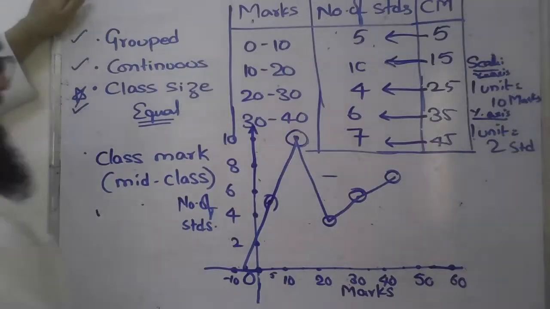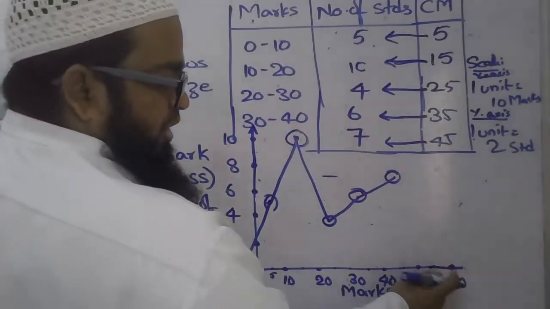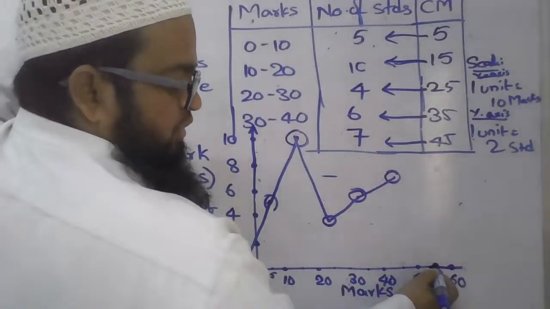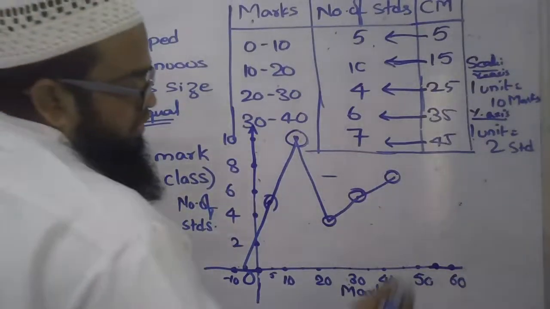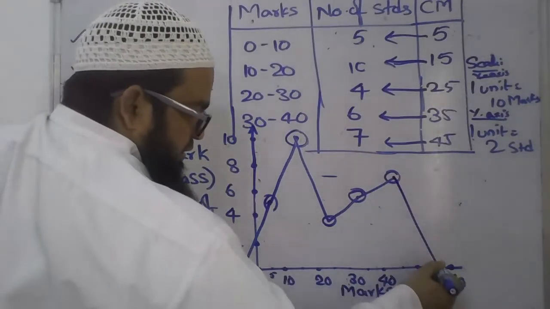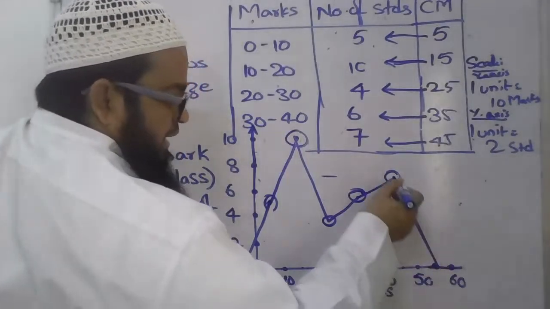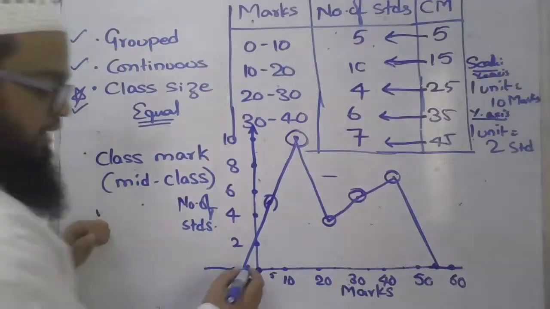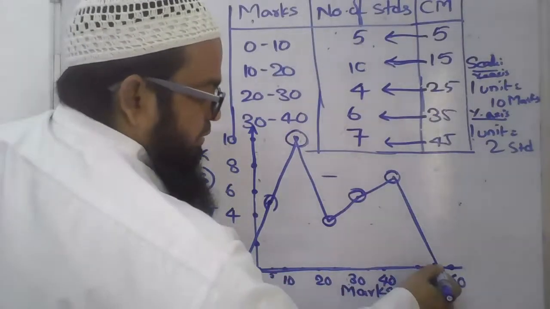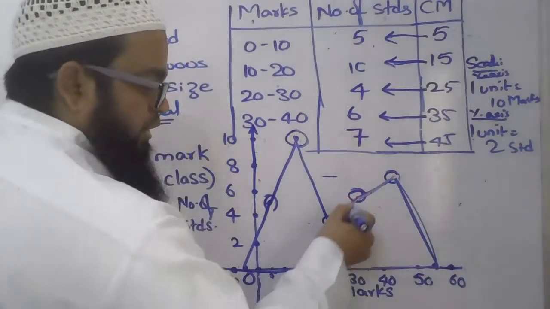And after that, what did you take? 50 and 60. So the midpoint, the class mark, is 55. Now close the polygon by joining the last data point to 55. Okay. Now, did it form a polygon? Polygon means what?